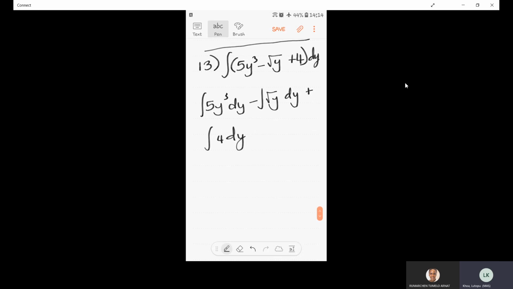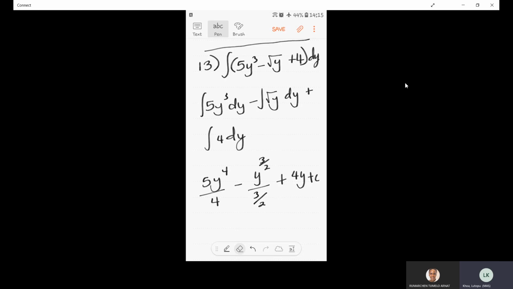Okay, integrating the first one, this is 5y to the power of 4 over 4 minus y to the power of half plus 1, which is 3 over 2, divided by 3 over 2, and then plus 4y plus c. Now when we integrate each of these, each of them does give a constant.